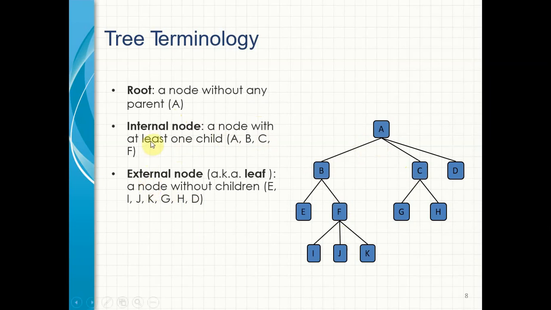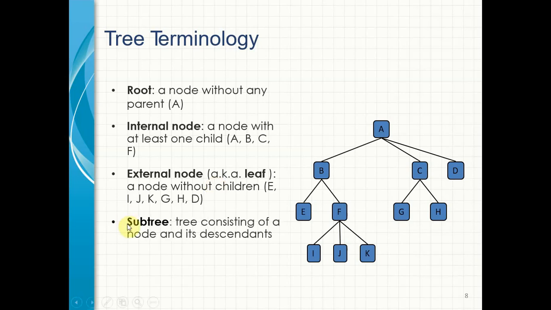Then, in contrast, there is another set of external nodes, also known as leaves. They are nodes without children, just like E, I, J, K, G, H, D. They are external nodes. So these two terms, internal node and external node, are used to describe the node.